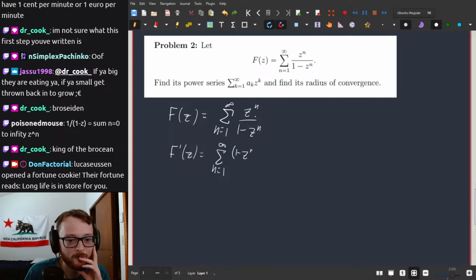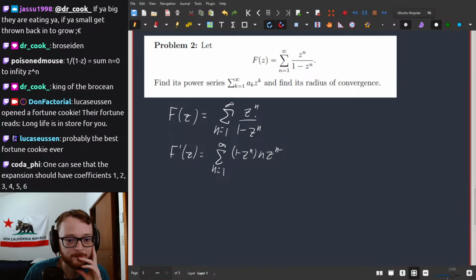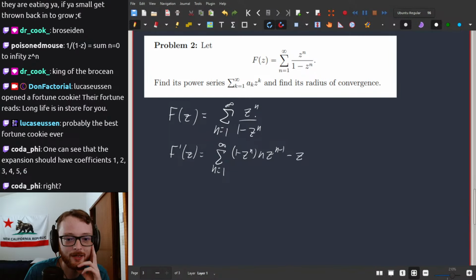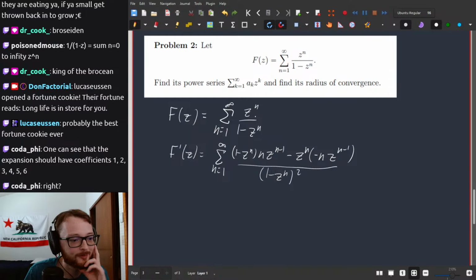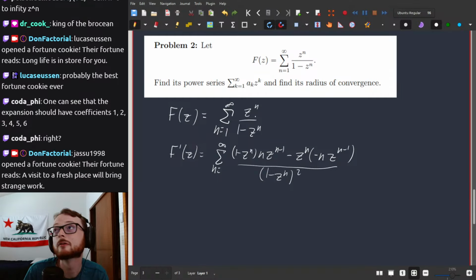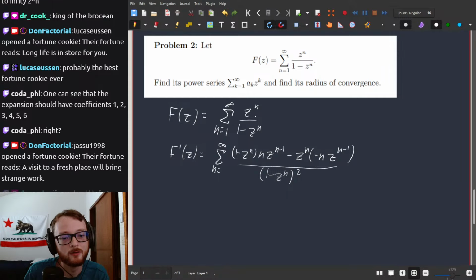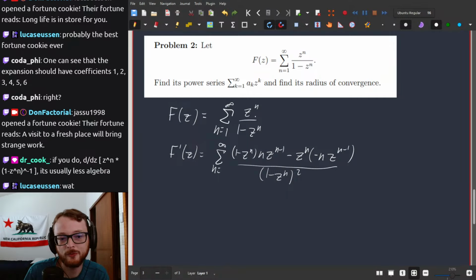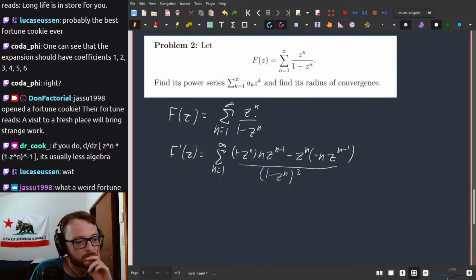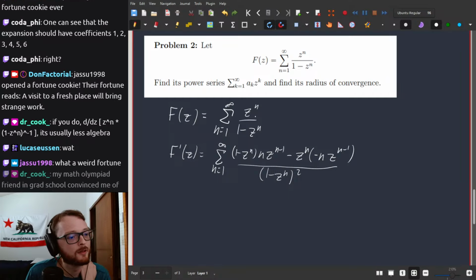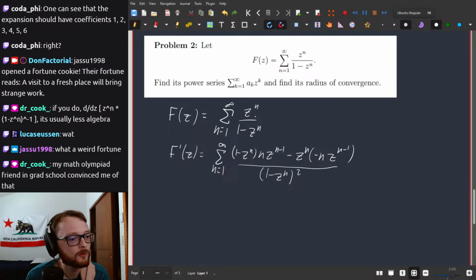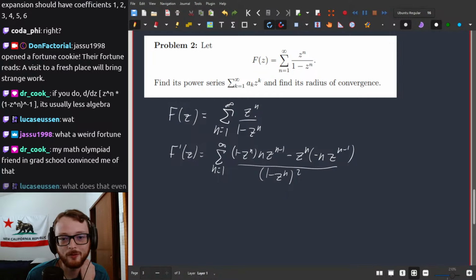Low, D high, minus high, D low. This is gonna get really complicated though, Cook, isn't it? Also, do we start from n equals 2 now? The first term is not constant, so I think we still start at 1. I don't know. The coefficients 1, 2, 3, 4, 5, 6. Maybe?